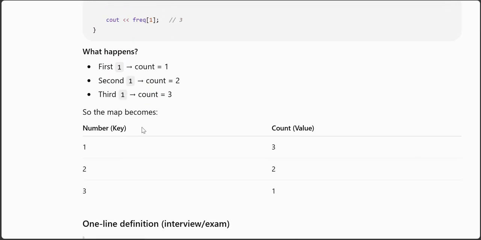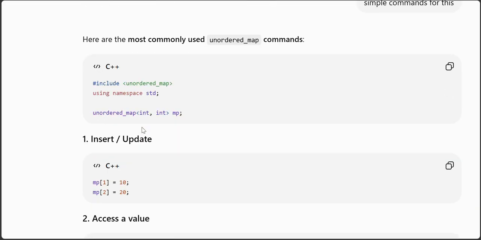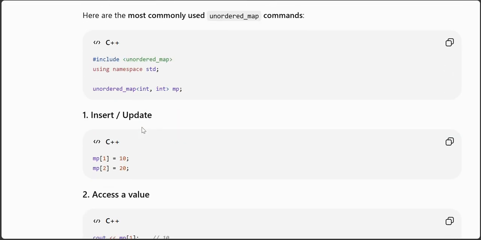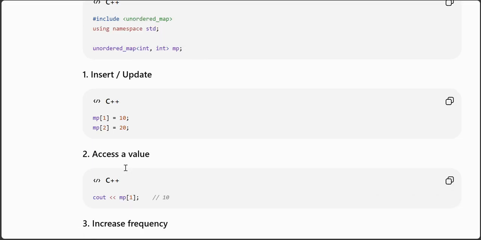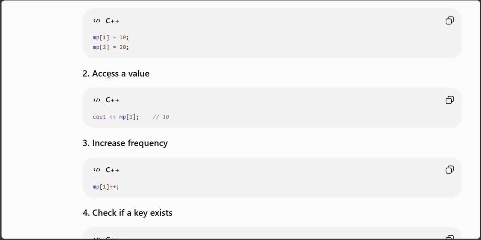That's it. Okay, so let's look at the commands of unordered map. So this is the declaration. For inserting and updating, you can do it like that, just use its index. And for accessing a value, you simply do it like that.